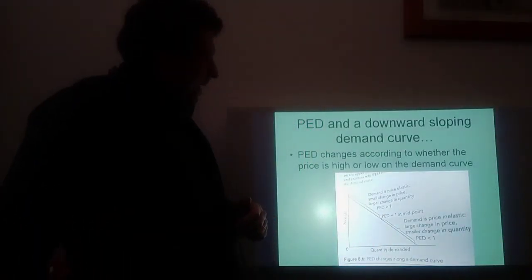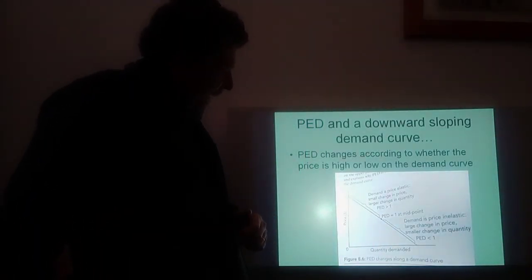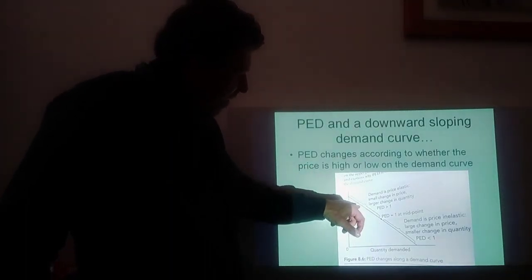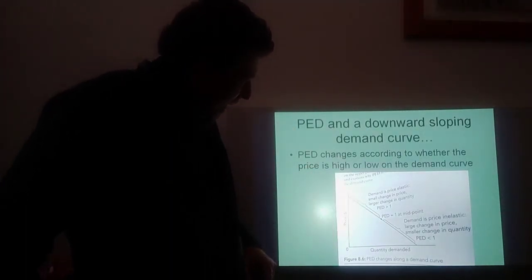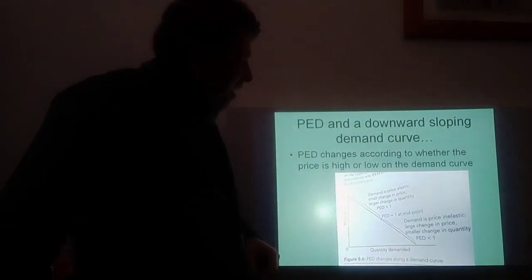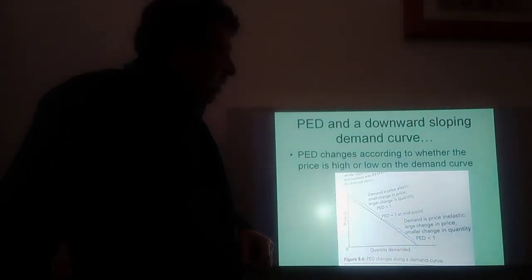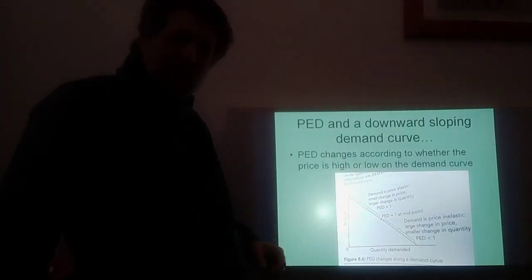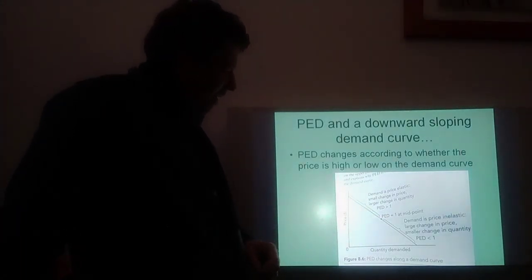We find on the curve of demand, the higher the price, the demand becomes more elastic, and the lower the price, the demand is price inelastic. This changes along a demand curve.